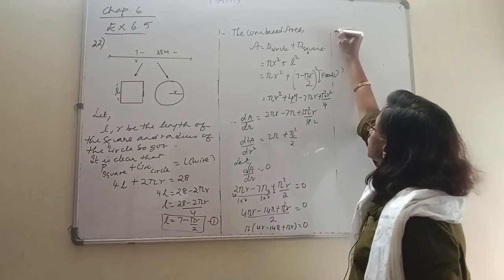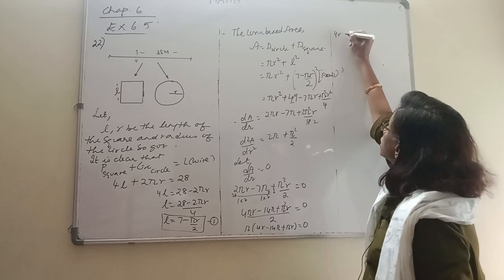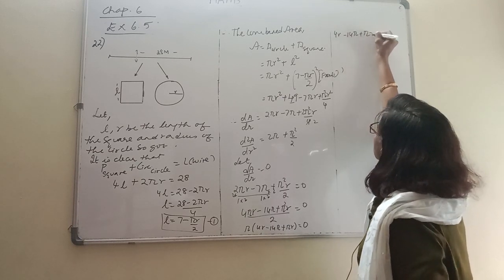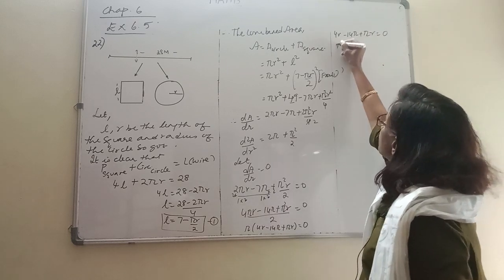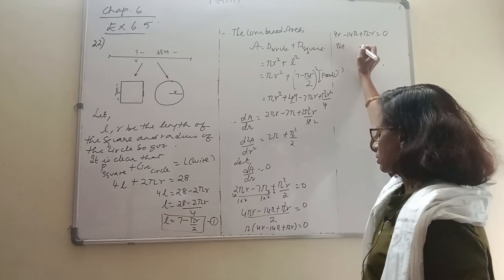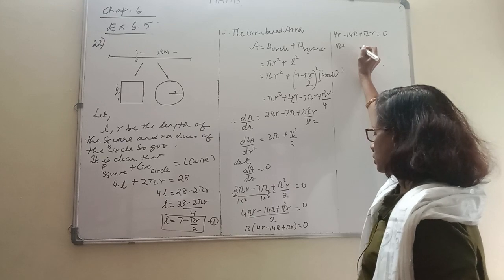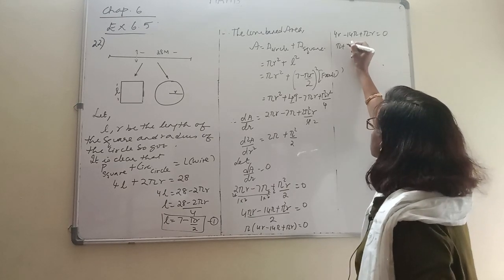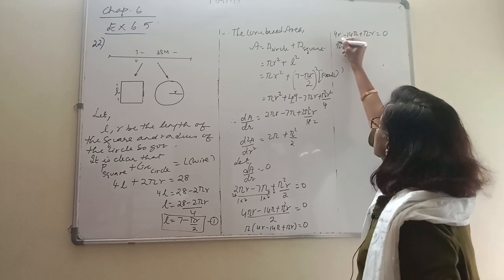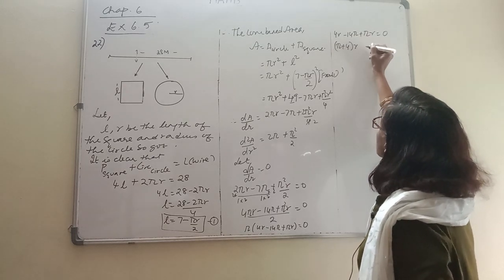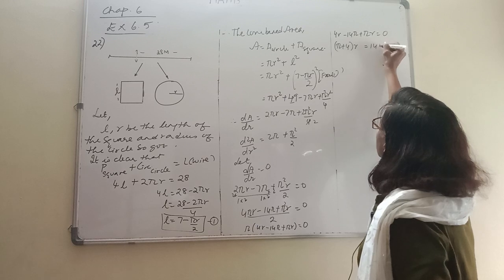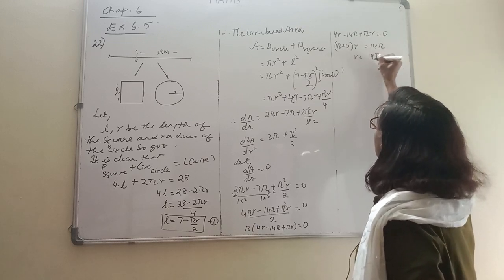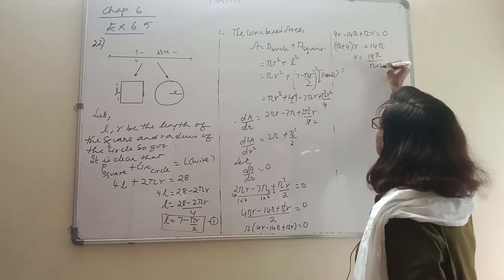So like that, you will be left with 4r minus 14 pi plus pi r equal to 0, which is pi plus 4 times r equal to 14 pi. R can become 14 pi over pi plus 4.